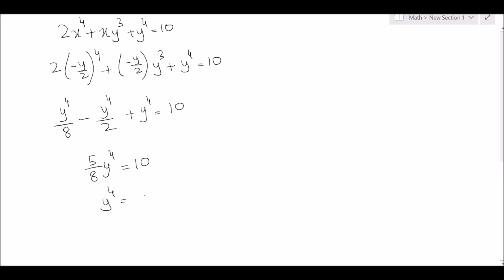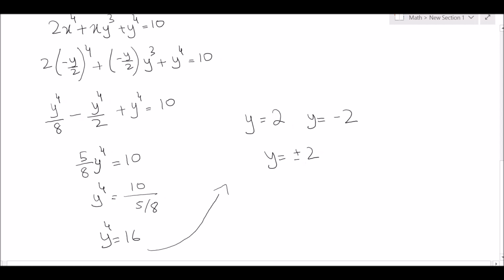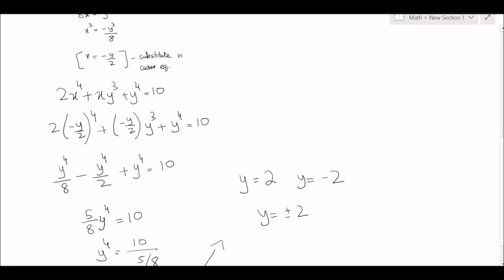Now we need to get the value of y. So we will have two values, y is equal to 2 and y is equal to minus 2, or I can just write y is equal to plus minus 2. Now we had our value of x, and now we have our values of y.